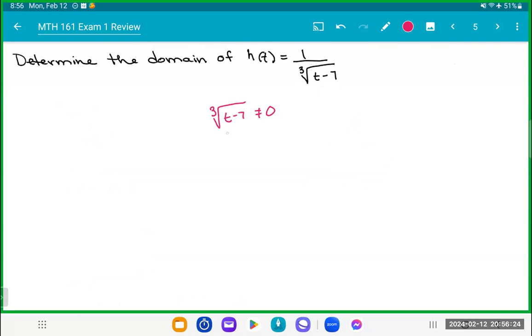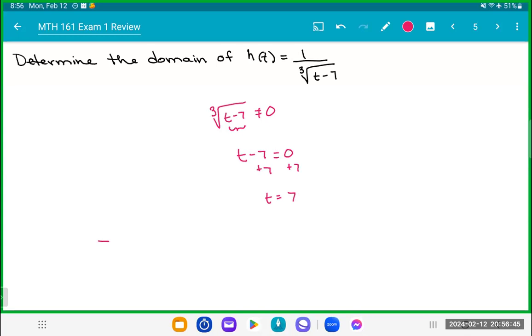That would equal 0 if the insides here were equal to 0. So t minus 7 cannot equal 0. It equals 0 when I add 7 to both sides, and that gives me t equals 7.